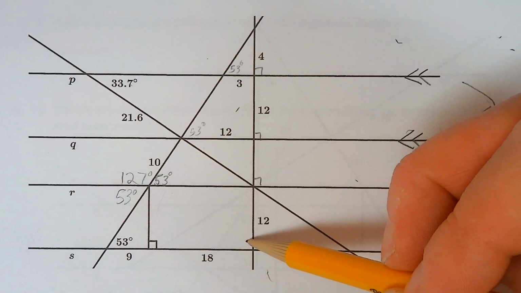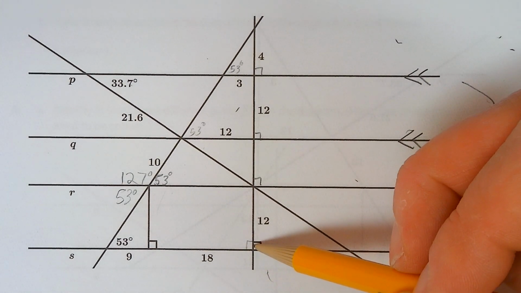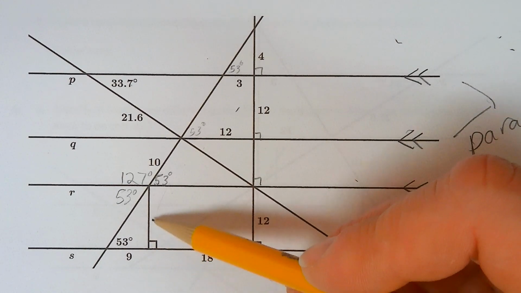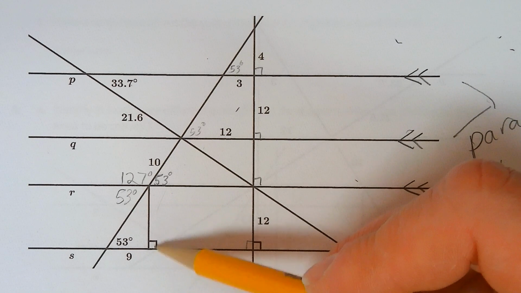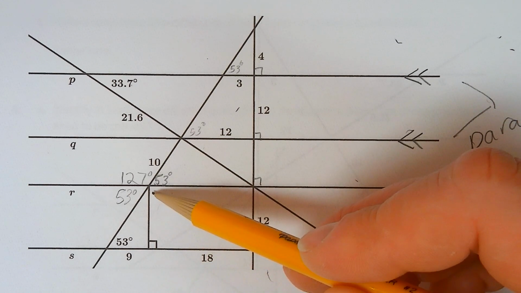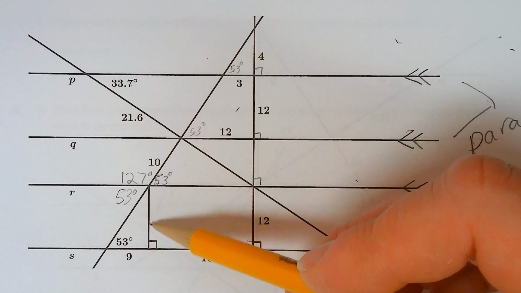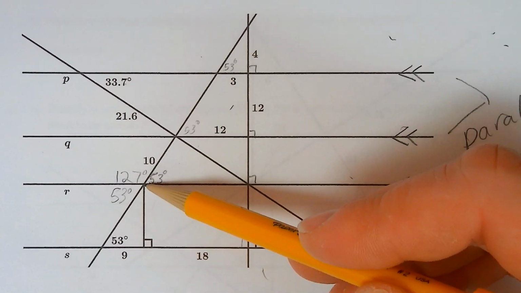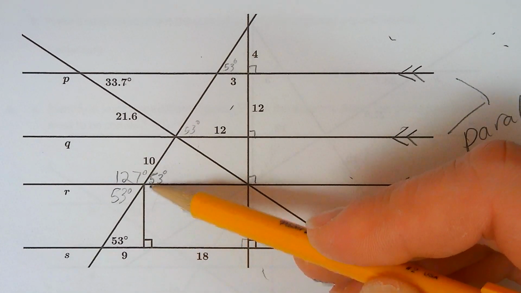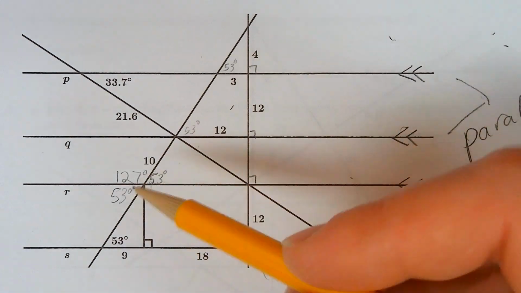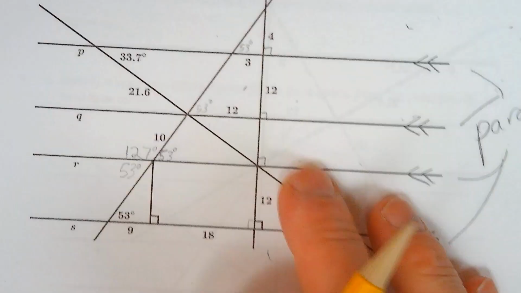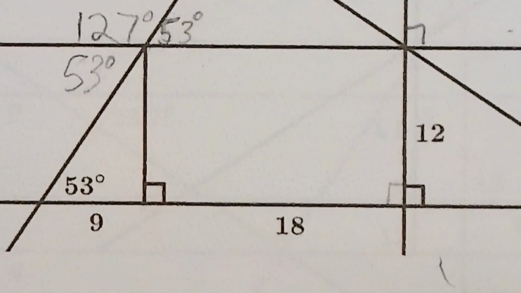Let's see, linear pair. Opposite and okay. Here's two parallel lines cut by this transversal. Same side interior supplemental. This is the last one I'm going to do, and then I'm going to have you and Mr. Mazeppa work on it.